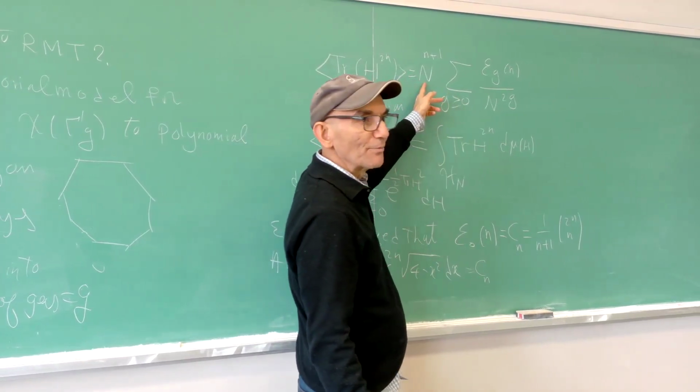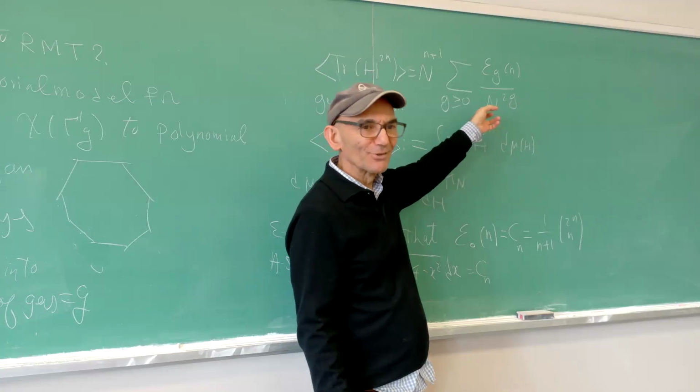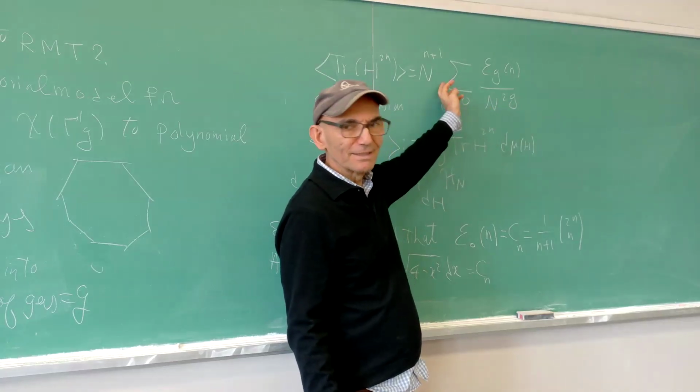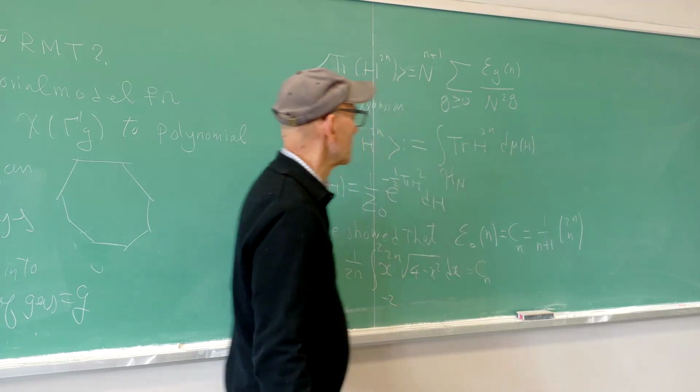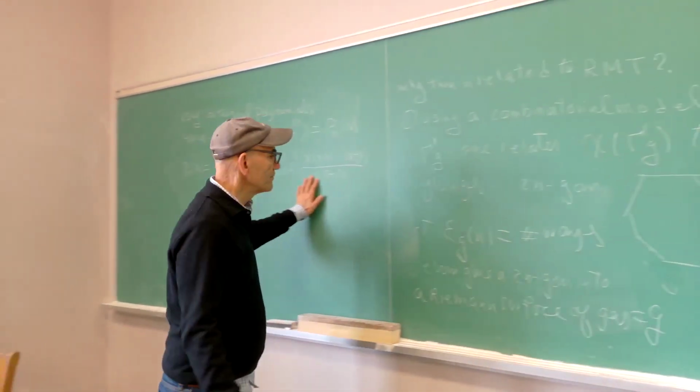Oh, well, there is n to the power n plus 1. So actually, all powers are positive. There are no negative powers in this expression, right? This is clear. Okay, so there's no problem. Okay, so this is what they proved.